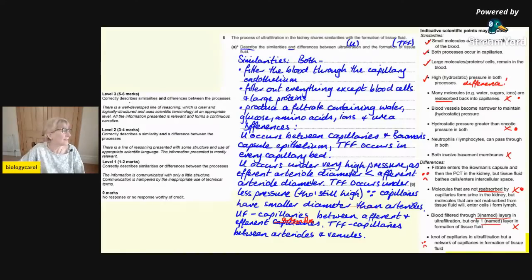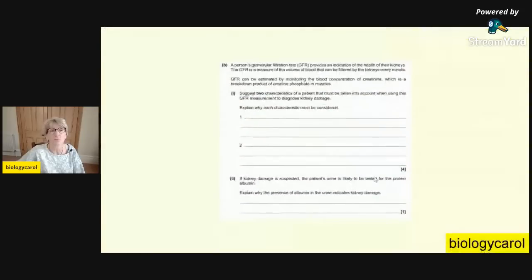And level 3 talks about correctly describing similarities and differences between the processes. Clearly, I have done multiples. And I think my terminology, my layout, the logic of it would have got me the highest mark. So I did give myself a 6 for that.